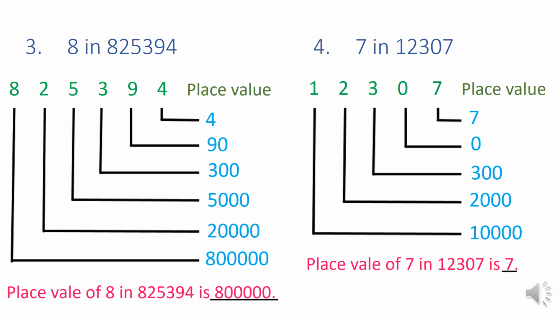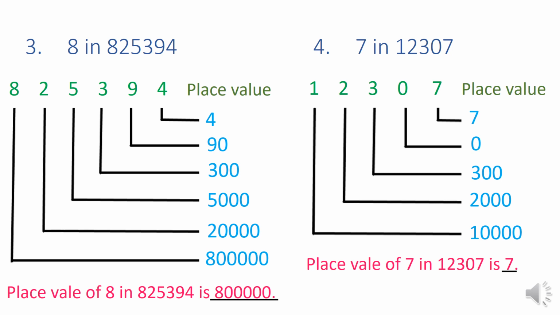8,25,394. This number has 4 ones, 9 tens, 3 hundreds, 5 thousands, 2 10,000s and 8 lakhs. So the place value of 4 is 4.